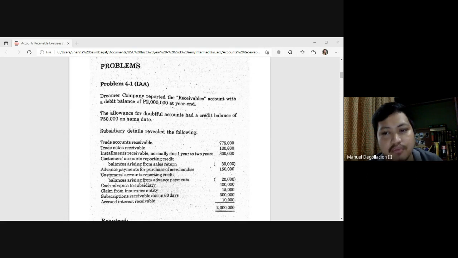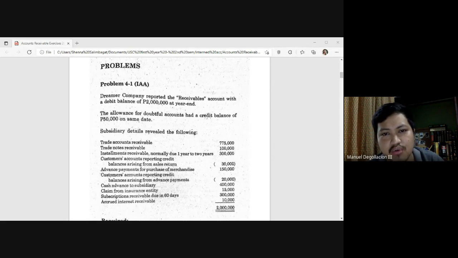Another common form of a trade receivable would also be your notes receivable. But as you may have seen in the discussion on notes receivable, the primary difference is in the form by which these two receivables take. Your accounts receivable are normally verbal in nature.